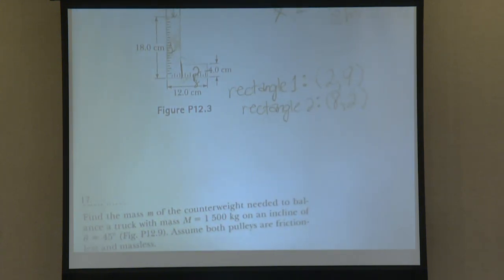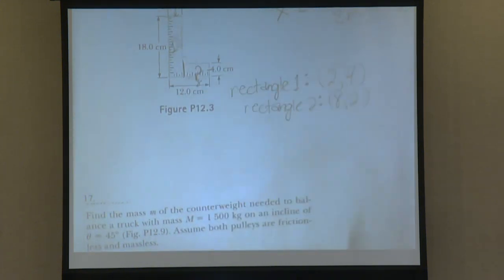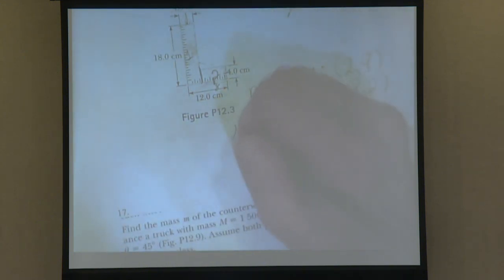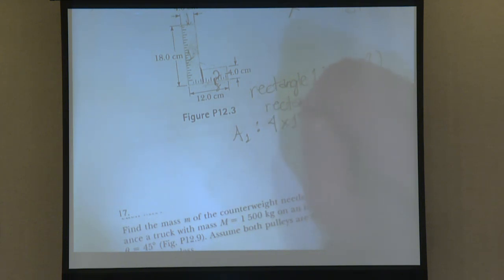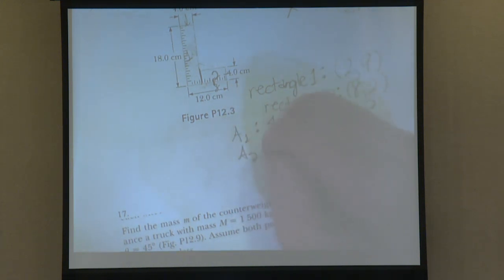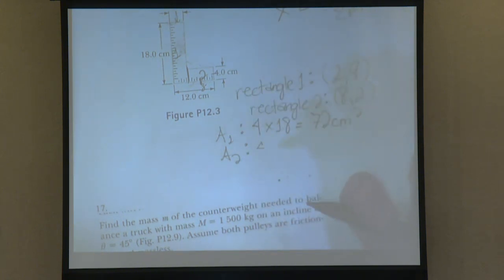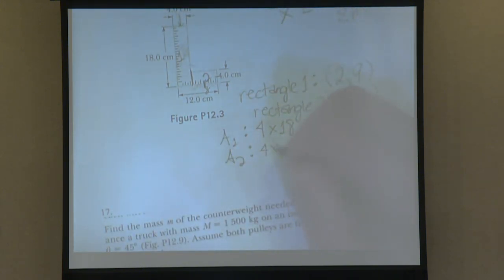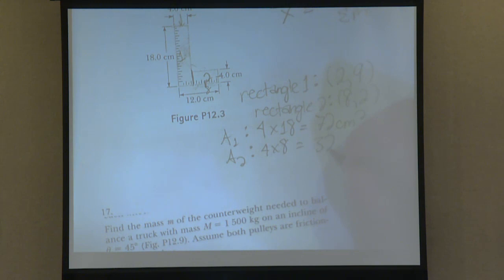Okay, so after that, what we want to do is find the area of each. So the area of rectangle 1 is 4 times 18, which is going to be 72 centimeters squared. And the area of rectangle 2 is going to be 4 times 8, which is 32 centimeters squared.